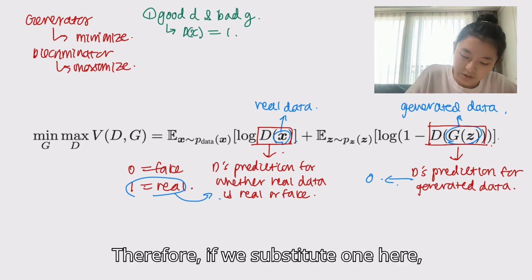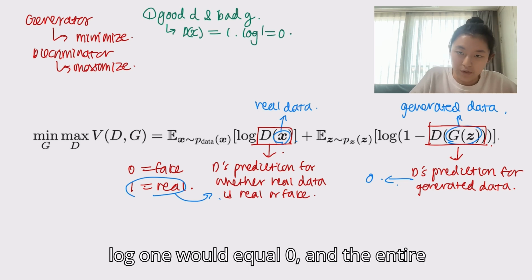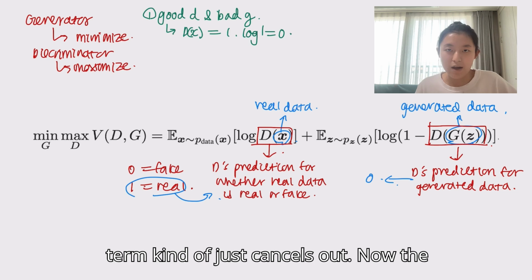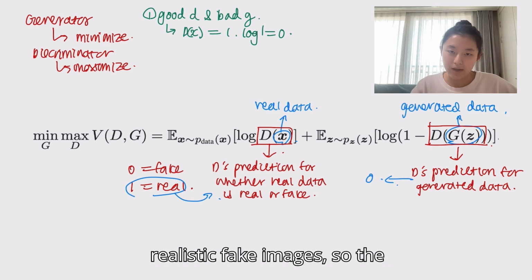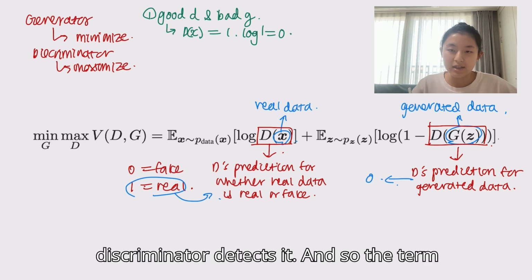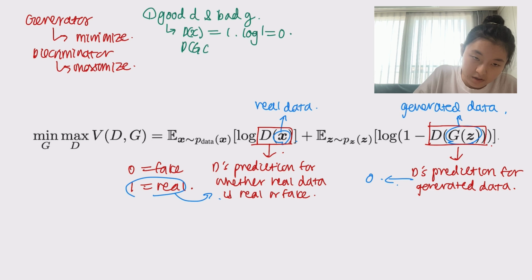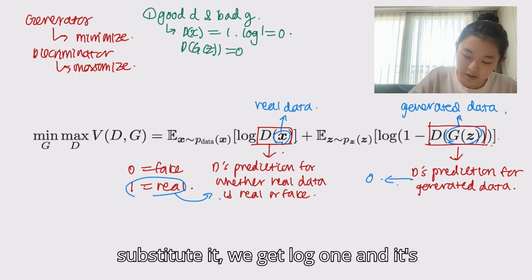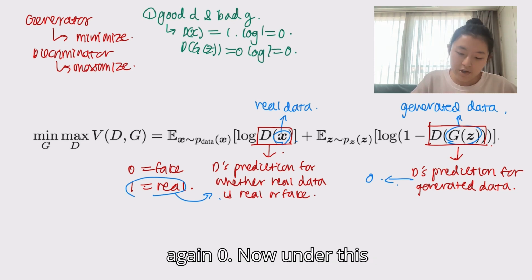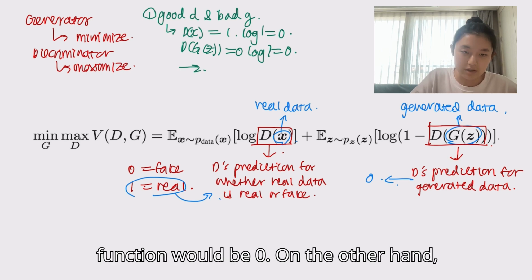Therefore, if we substitute 1 here, log 1 would equal 0, and the entire term cancels out. Now, the generator is very bad at creating realistic fake images. So the discriminator detects it, and so the term D(G(z)) should ideally be 0, which when we substitute it, we get log 1, and it's again 0. Now, under this scenario, the whole value of the loss function would be 0.